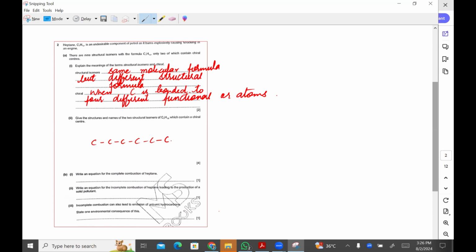If we draw a methyl group on the third carbon here, or even the fourth carbon, that is fine as well. So if we draw this here, and the remaining we are going to draw hydrogen like this. So what is going to happen around there?